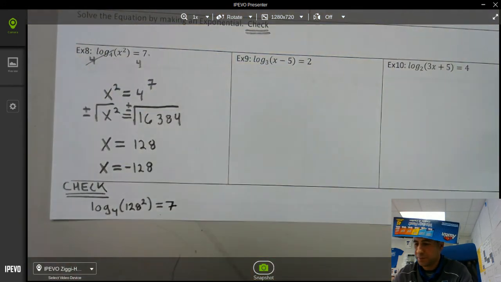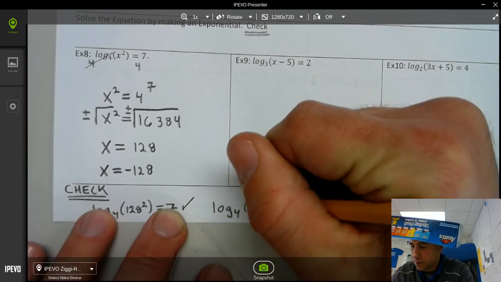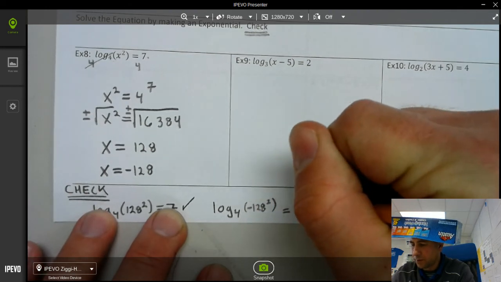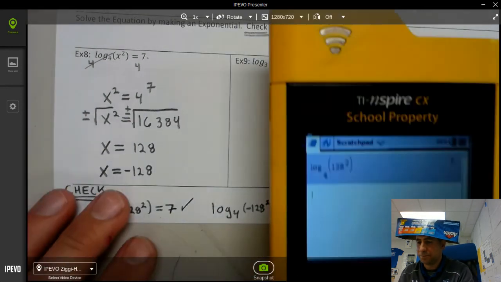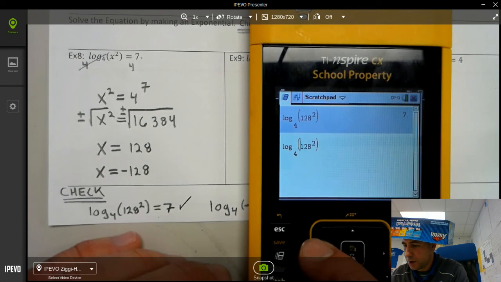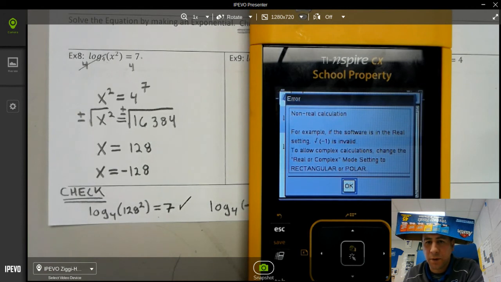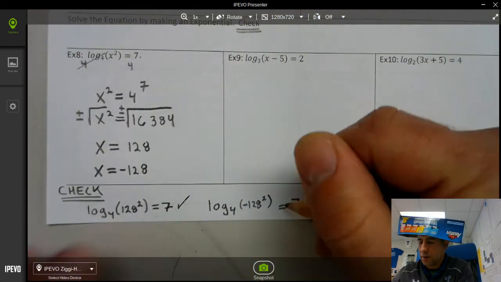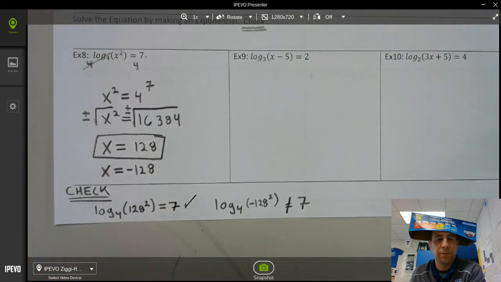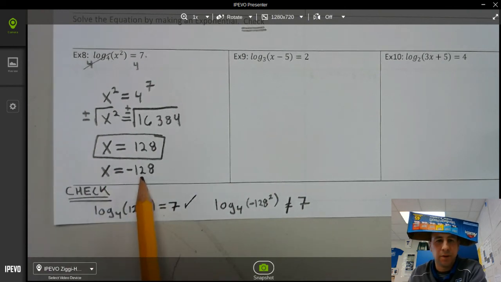So that checks. And then we do log base 4 of negative 128 squared equals 7. I'm going to copy it and press enter. And you see that it's a non-real calculation. Okay, so that tells me that this does not check, so our solution is x equals 128. And we need to talk about what we say about this in class.